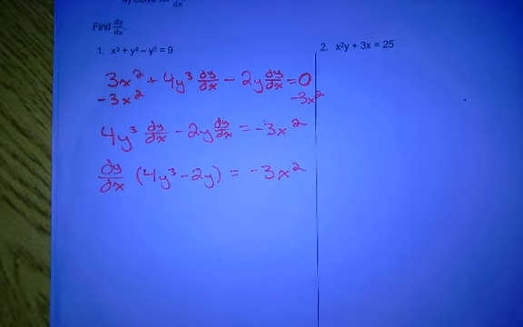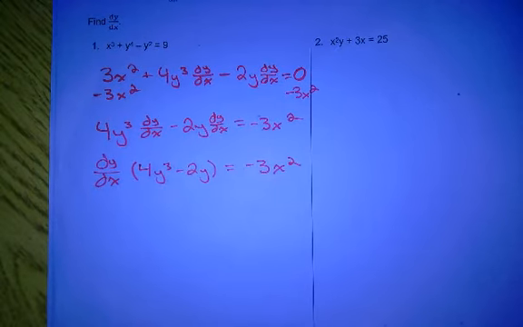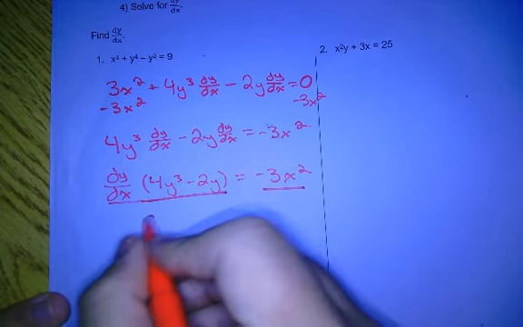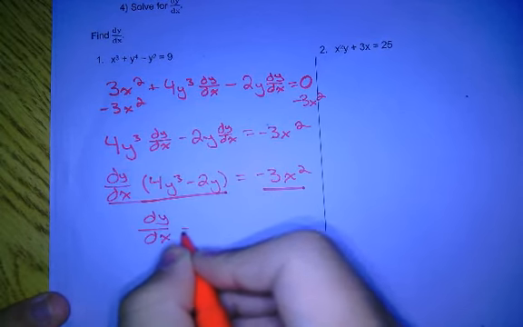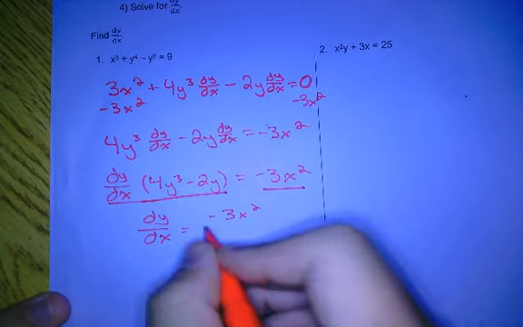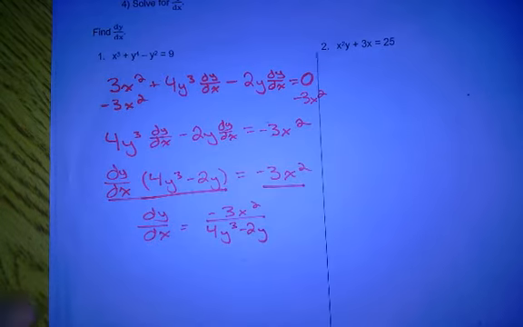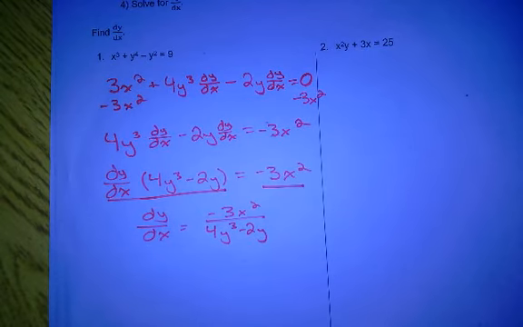And to get this bad boy by itself, all I need to do is divide. So dy over dx is equal to negative 3x squared all over 4y cubed minus 2y. And that's it.